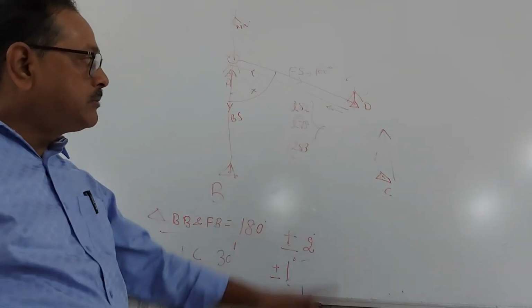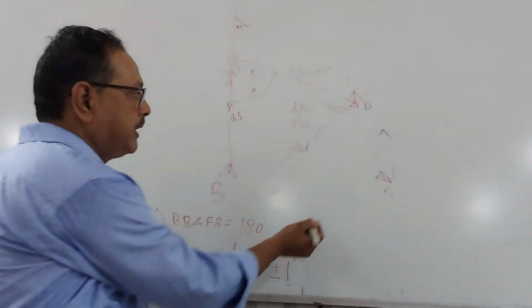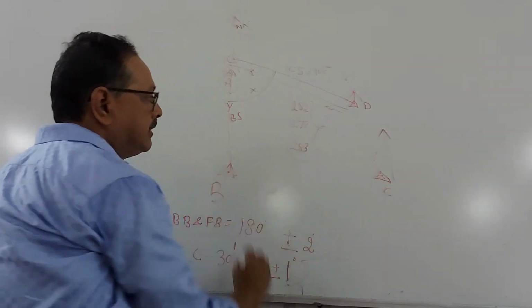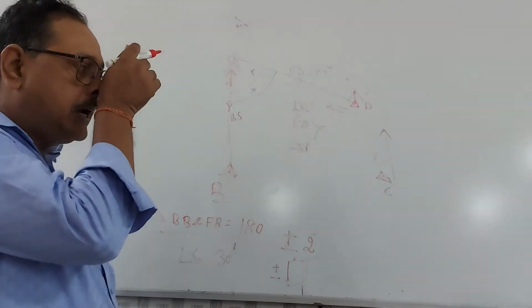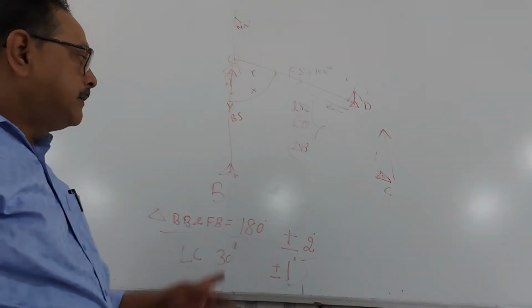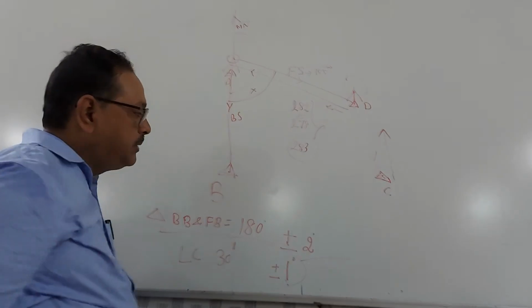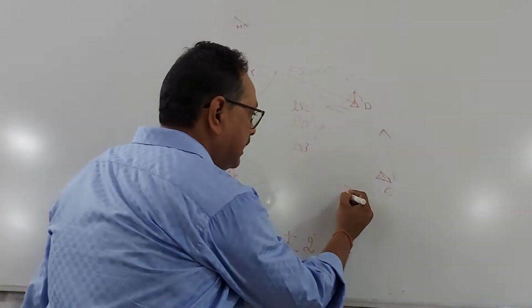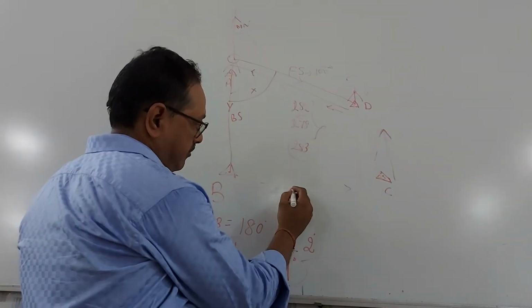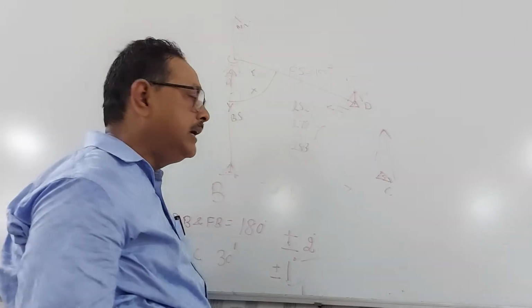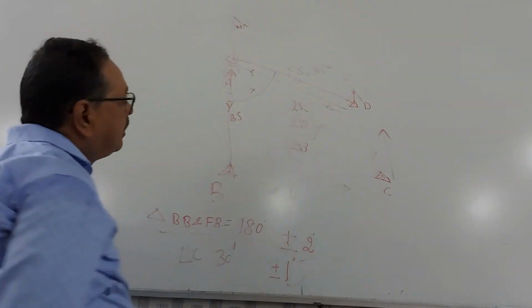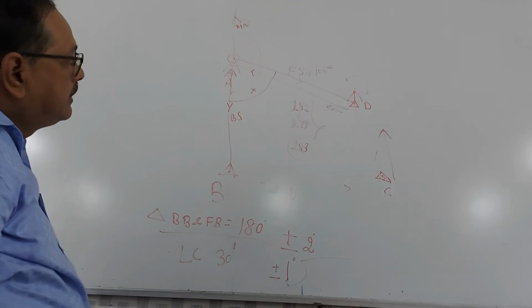Then if it is in the permissible range, take the forward bearing of this line. Further, move to B, check the back bearing of this line, find the difference, and if it is okay, then take the forward bearing of BA.